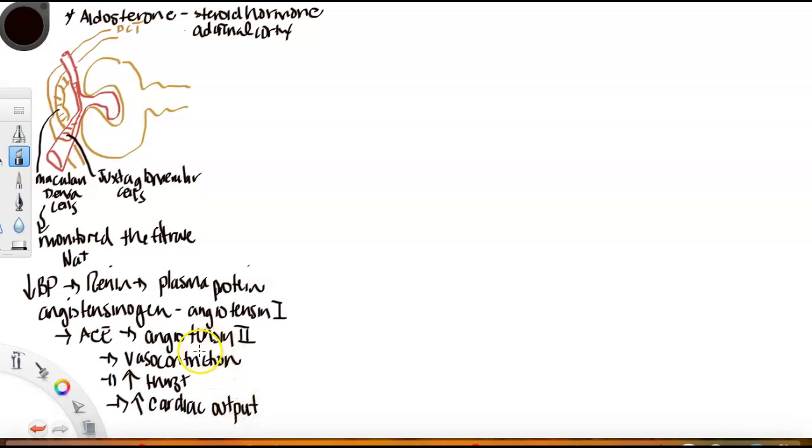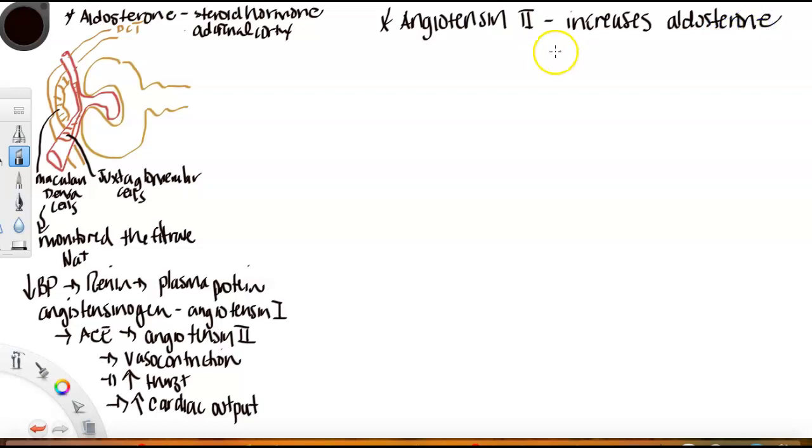That's just review. Well, another thing that angiotensin 2 does is it increases aldosterone production. So angiotensin 2 increases or stimulates aldosterone production.